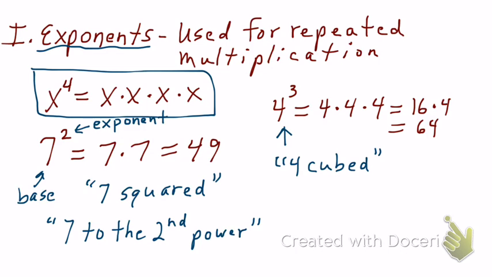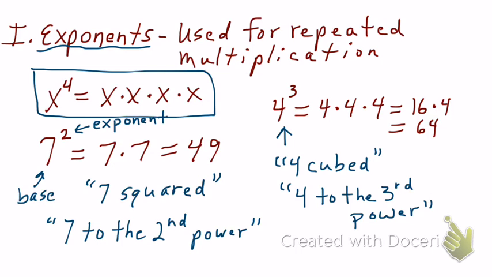This would be 4 cubed, that's the shortcut, and then 4 to the third power. So anything above a 3, we would say, like for example, 6 to the 4th power or 7 to the 8th power. So we just have shortcuts for the first 2, for 2 and 3.